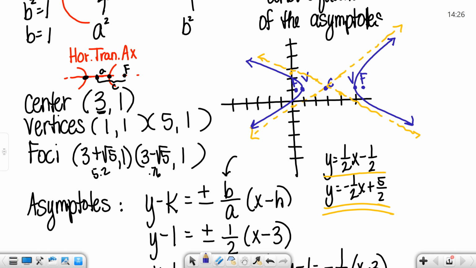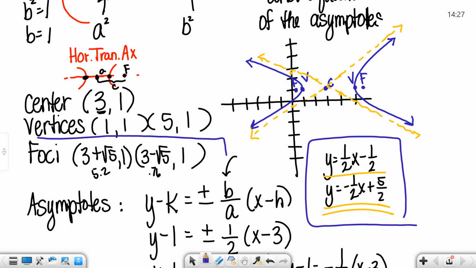That's the whole point in having those asymptotes, is it shows me how wide or how narrow those curves are going to be. And there we are. That would be our graph. And we found our foci, and we found the equations of our asymptotes. And those were 2 questions that we had. All right, this is definitely going to take some practice. Let me know if you have any questions.